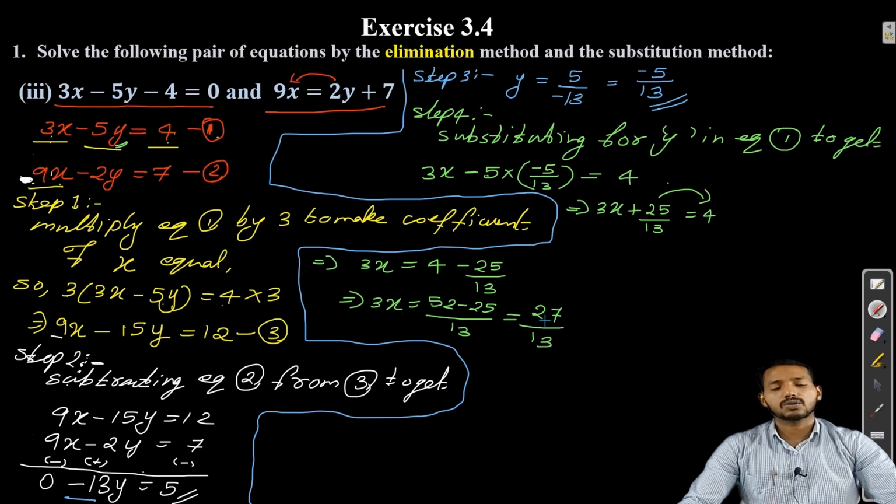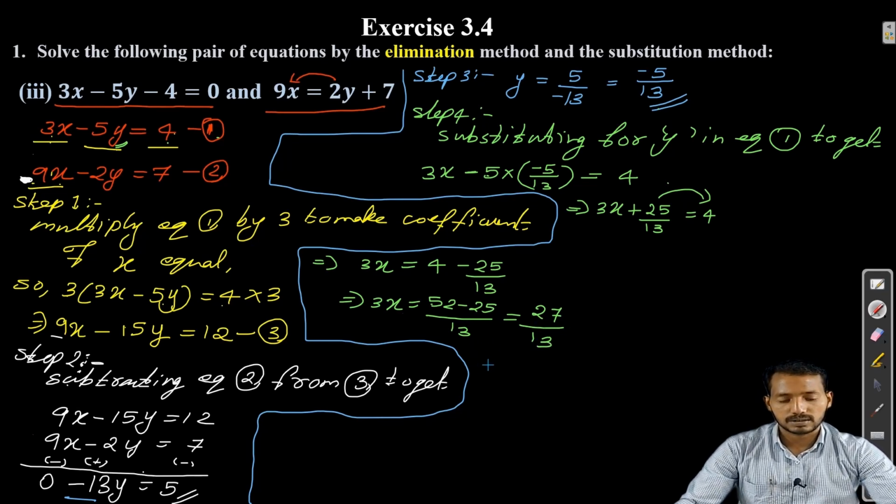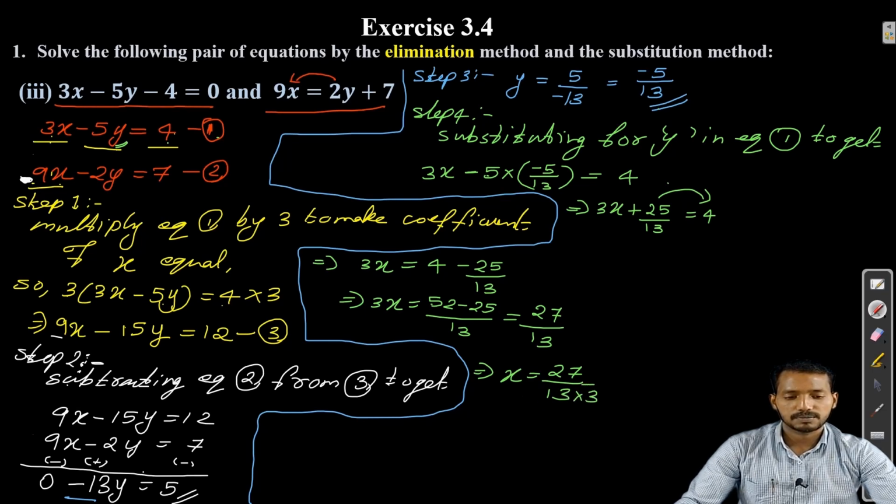So 3x is equal to 27 divided by 13. That implies x is equal to 27 divided by 13, and this 3, take it to the right side, it will be on the denominator. That is equal to 27 divided by 3 is equal to 9, divided by 13.